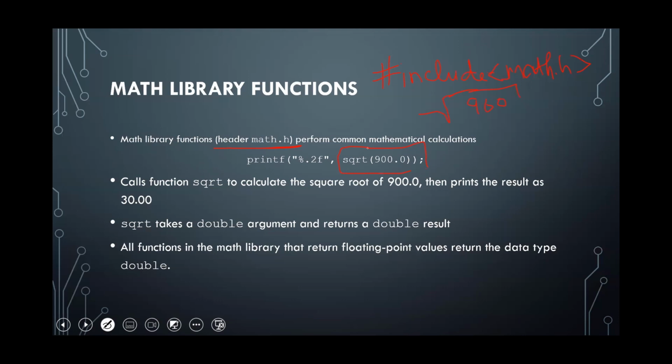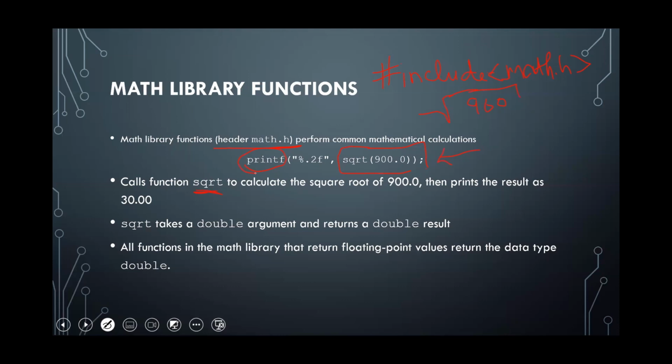So this right here calls the square root function to calculate the square root of 900. Then it's going to print the result. Your square root takes a double and it returns a double. It's going to take a number and then give you the square root of it back, okay?